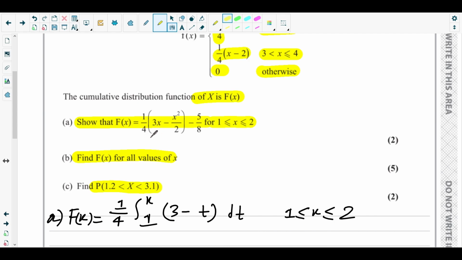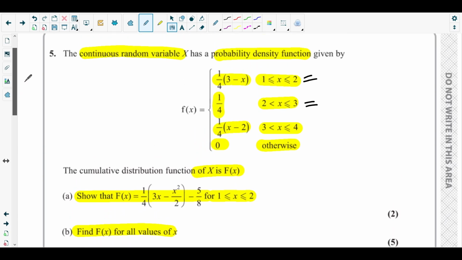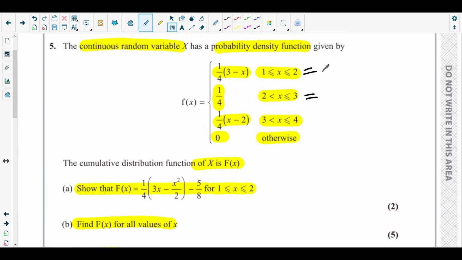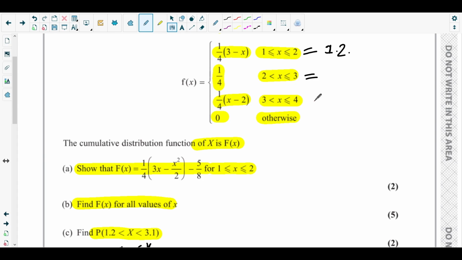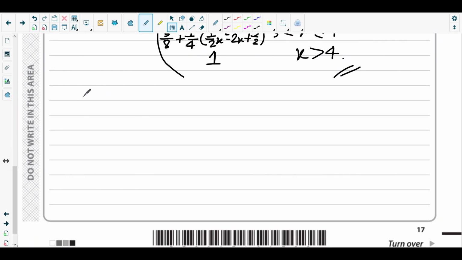At first let's see where 1.2 and 3.1 lie in the intervals. 1.2 lies in the first one, and then 3.1 lies in the last interval, right?